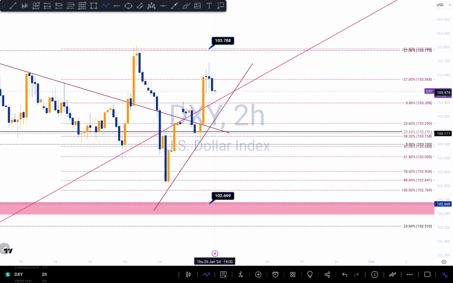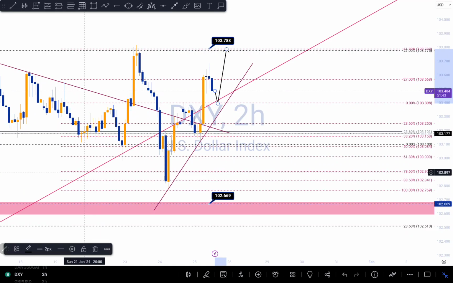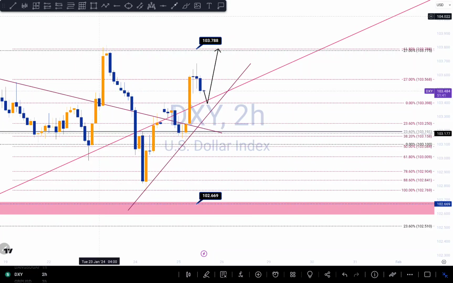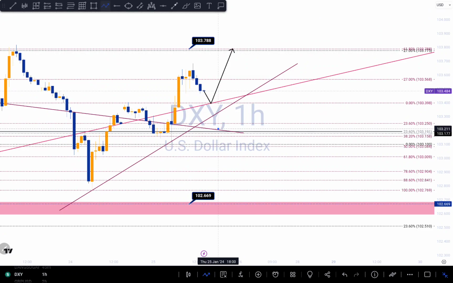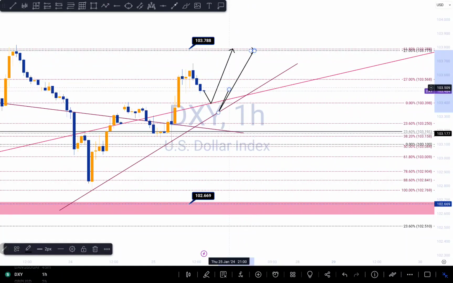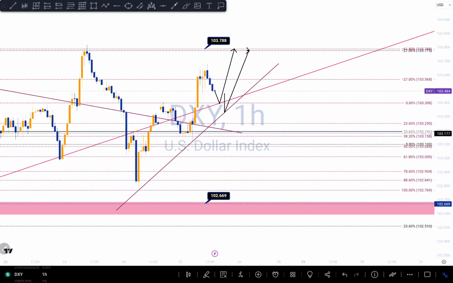So this is my prediction. Maybe some sort of move down here, then push to the upside. That's my first thought. Like I said, we might actually push down a little bit, maybe to this trend line right here before pushing to the upside. That's a possibility that might happen, right?